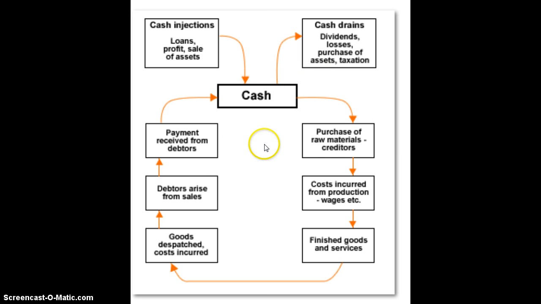here we have really a cycle. From this pool of cash, we have next the purchase of materials as well as creditors. So let's just say you're running a business, right? And maybe you're running a business for lemonade. You can't just make lemonade right away.